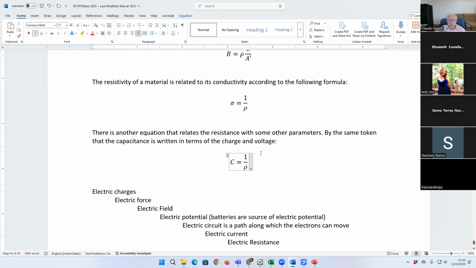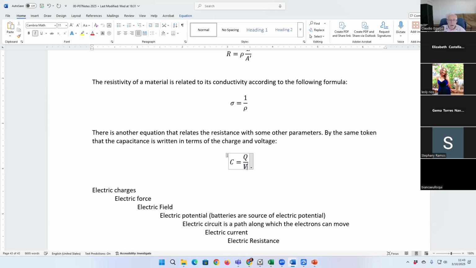Capacitance can be written in terms of the charge and the voltage, which by the way, we'll also learn ultimately becomes a function of the geometrical parameters of the capacitor.